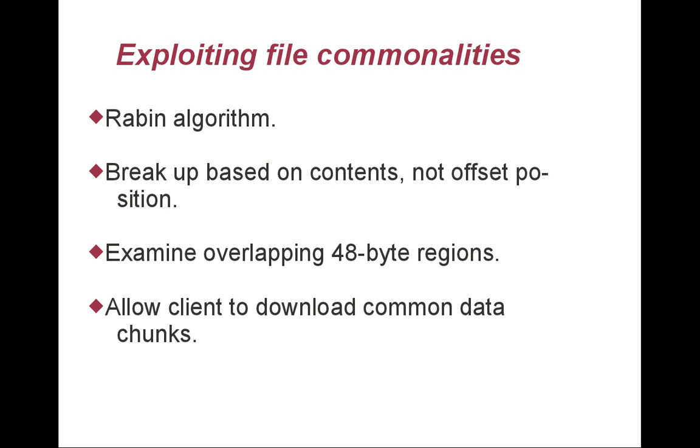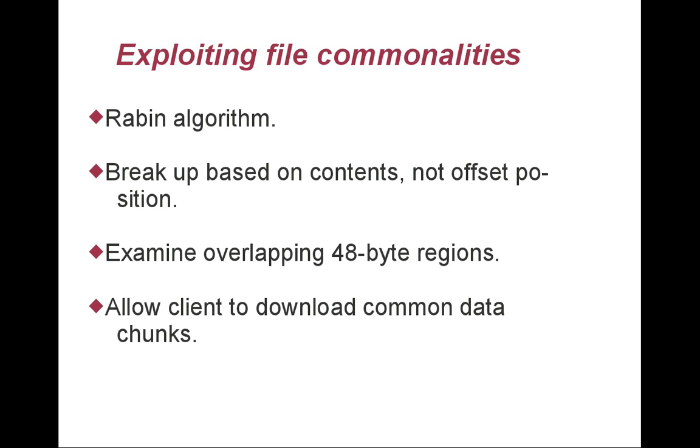So now, exploiting file commonalities. We described the chunking method by which we can leverage file commonalities. This method uses the Rabin algorithm, which means that instead of just dividing up the file into, let's say, chunks of a given size, it chooses its own breakpoints based on the file contents.